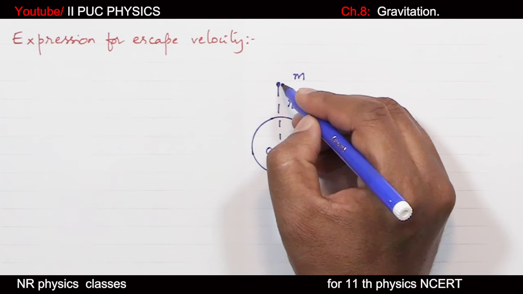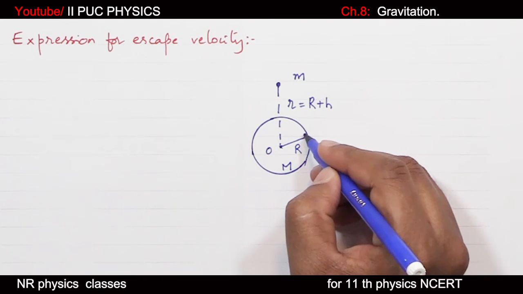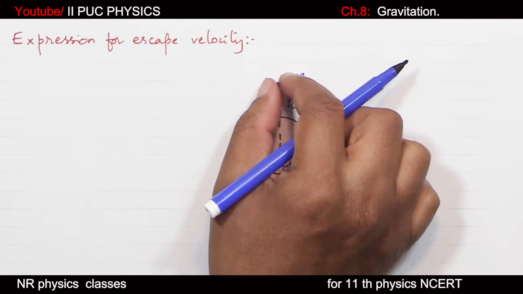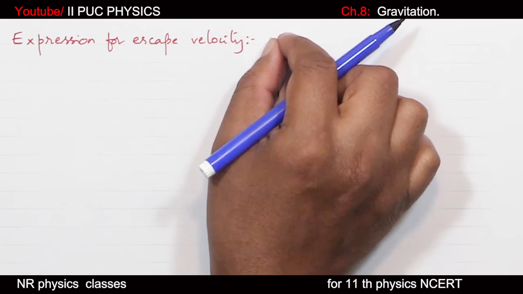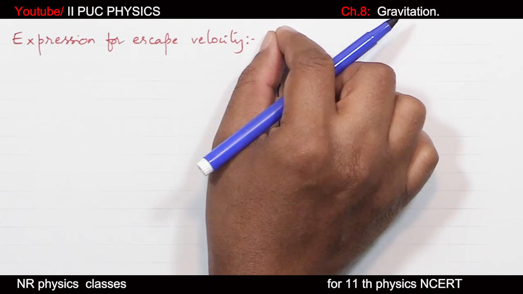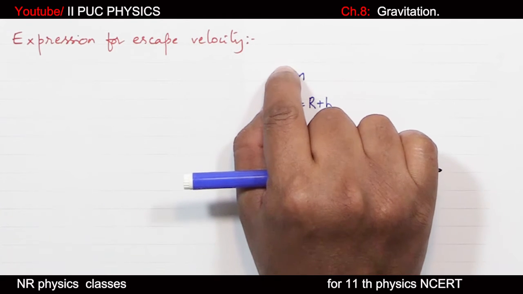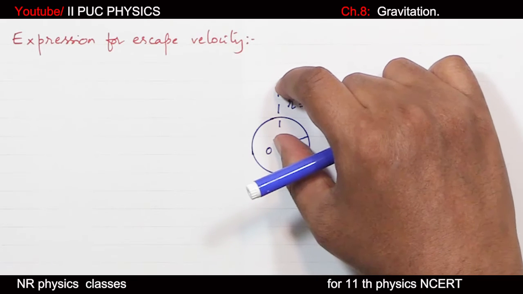If this satellite is free, then it should not be under the influence of Earth's gravity. So we can throw this object, satellite, spaceship out into outer space only when the kinetic energy of the spaceship is equal to the gravitational potential energy.